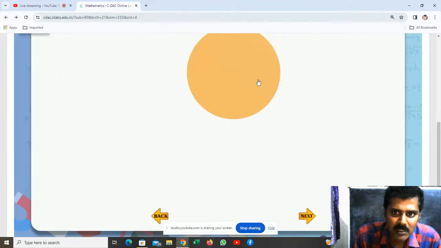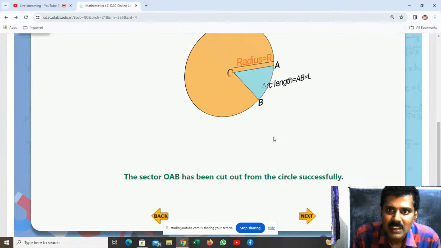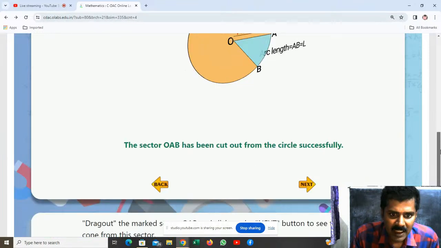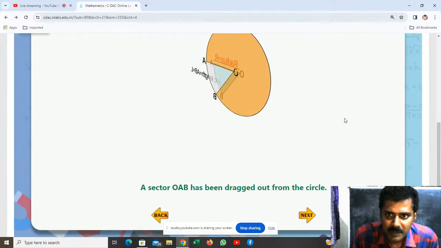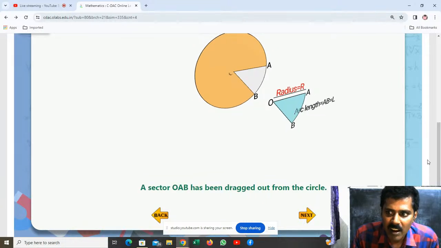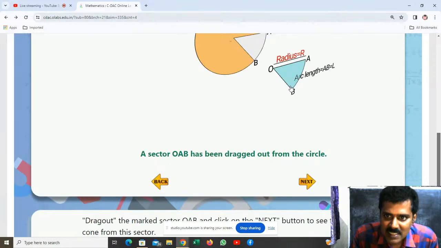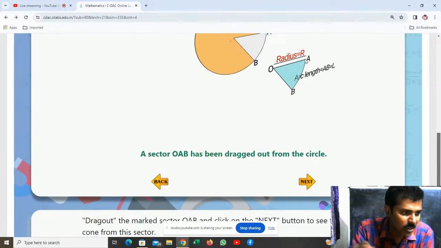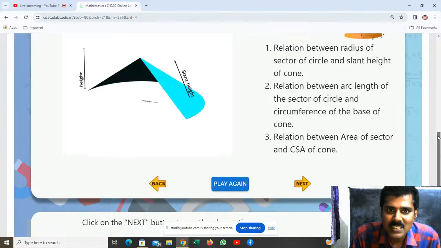Once again you can observe, the sector has radius R and arc length L. If you join the radii OB and OA, like folding a paper, then I can form a cone.